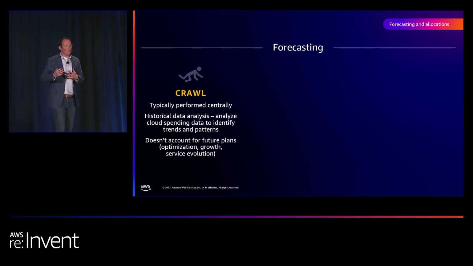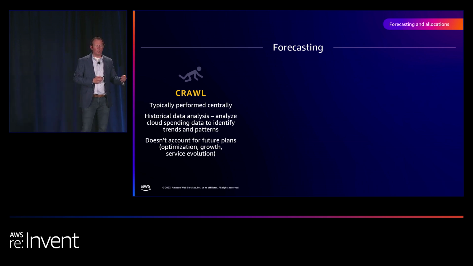So this tends to not be the most accurate way, but it's a great way to start out, which is, hey, here are the trends we've seen, here are the trends we expect. Just know there's a wide range of variance in this kind of model, because depending on if you're just onboarding, sometimes you can get out of whack. So it's a good way to start. It's usually done centrally, but you have an opportunity as you get more workloads to improve and leverage that.